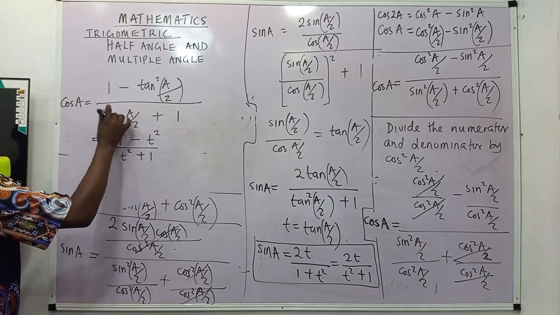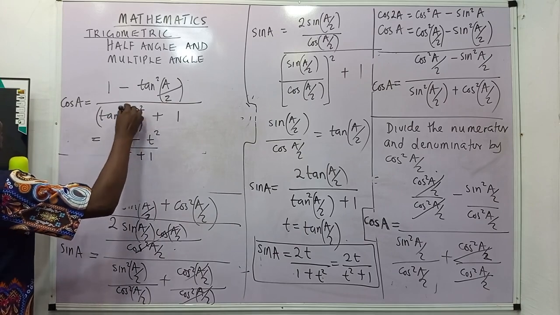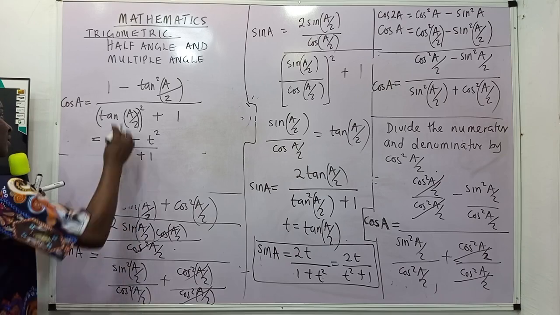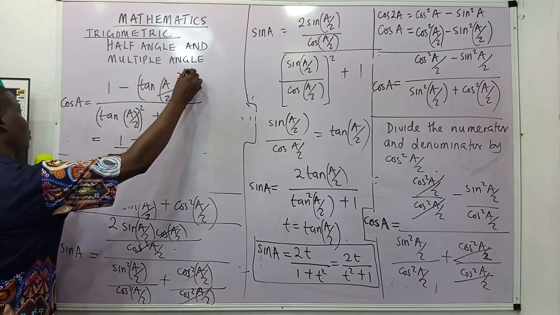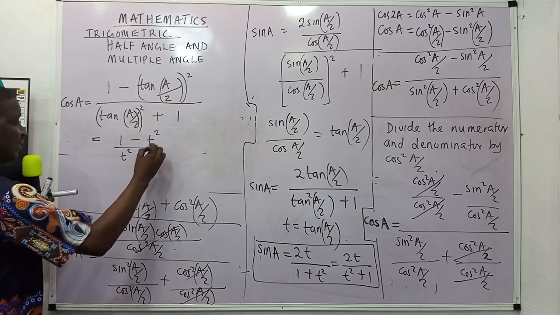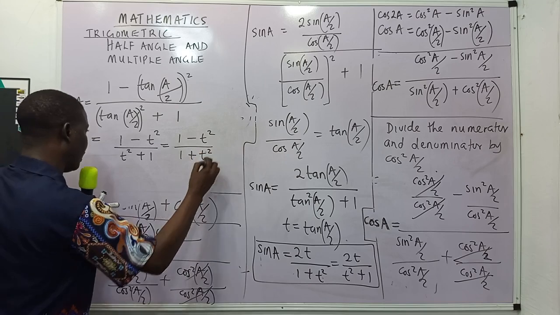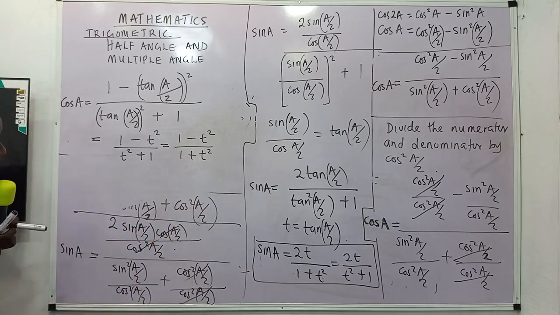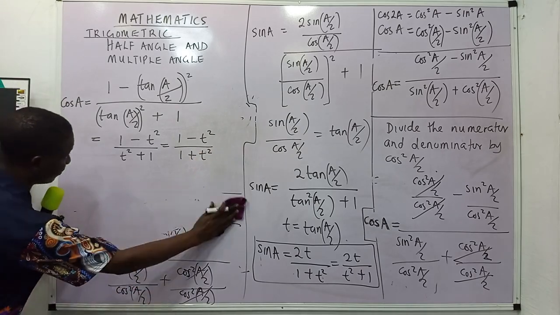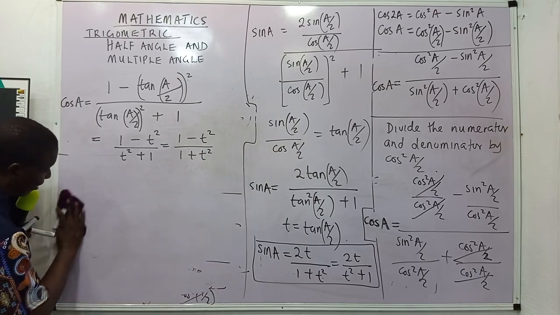Don't forget this one is the same thing as this. So don't be carried away by that. This is set as 1 minus t square over 1 plus t square. So please take note of that. We are done with t functions and half angle.